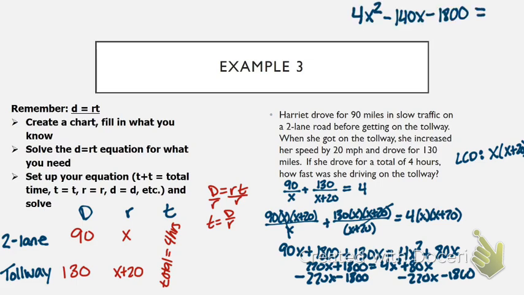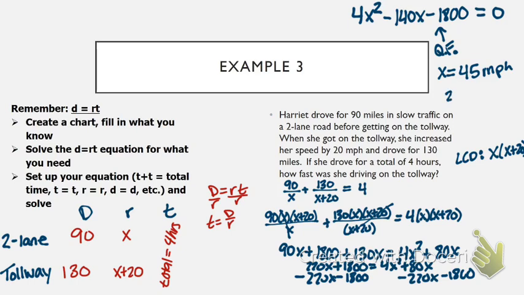Then we can use the quadratic formula on this equation, or factor it, whatever you want. I'm just going to use the quadratic formula because these numbers are huge. If I use the quadratic formula, I find that x equals 45 miles an hour.